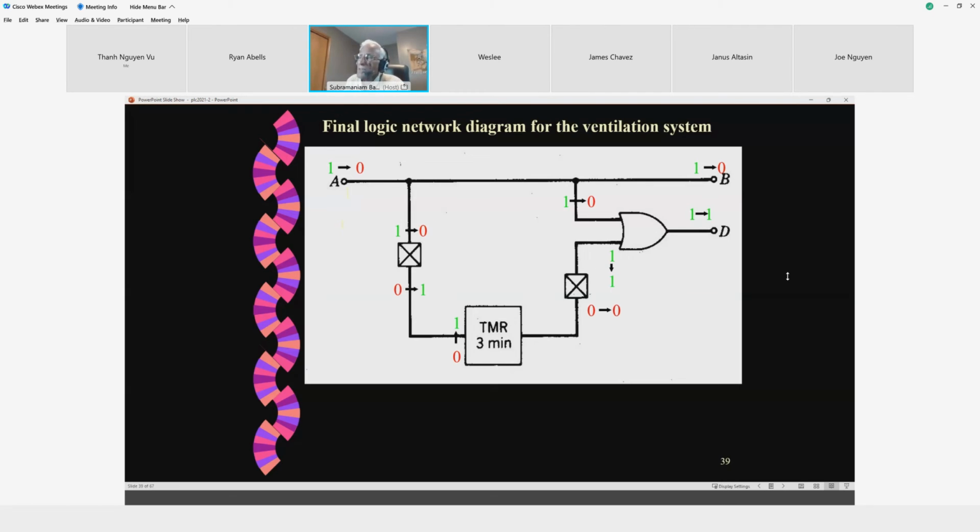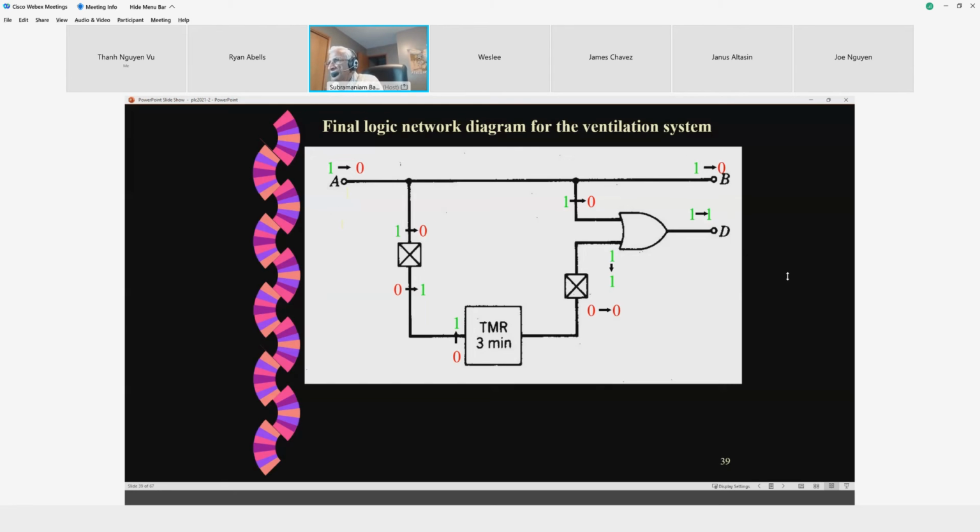But look at the operation of the NOT. A has become 0, input to the NOT is a 0, output from the NOT is a 1, input to the timer is a 1. What would be the output from the timer? Should be 0 until the time element 3 is reached, right?